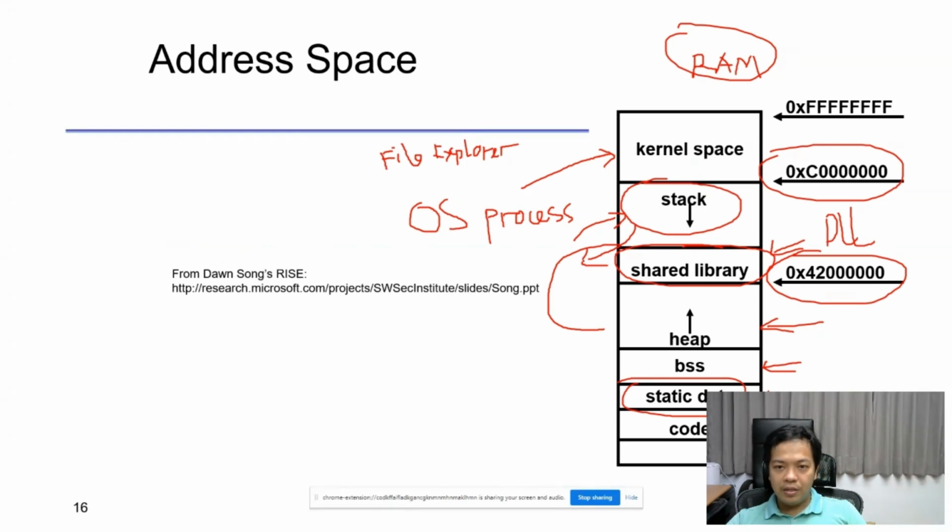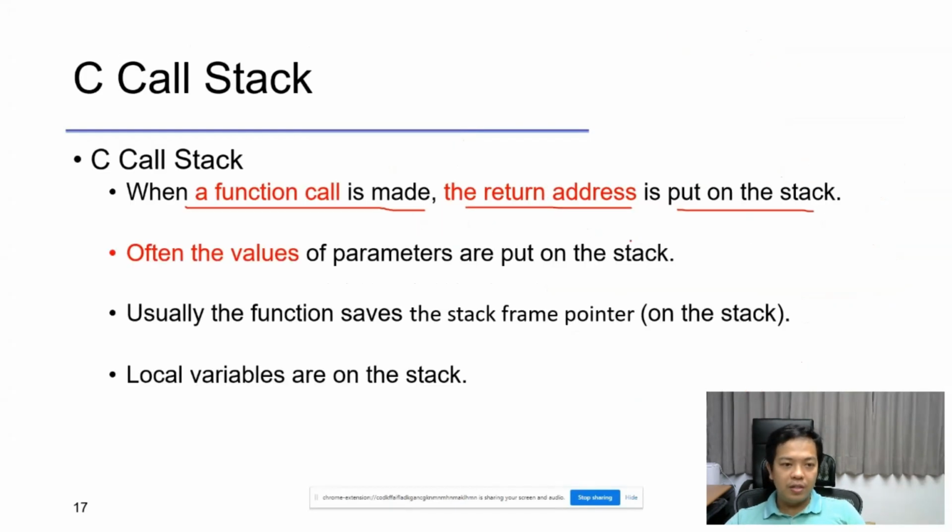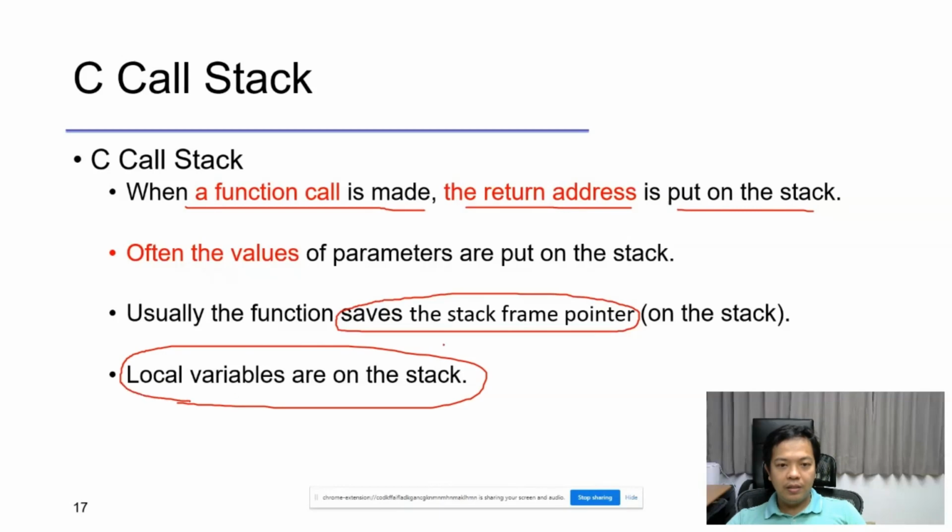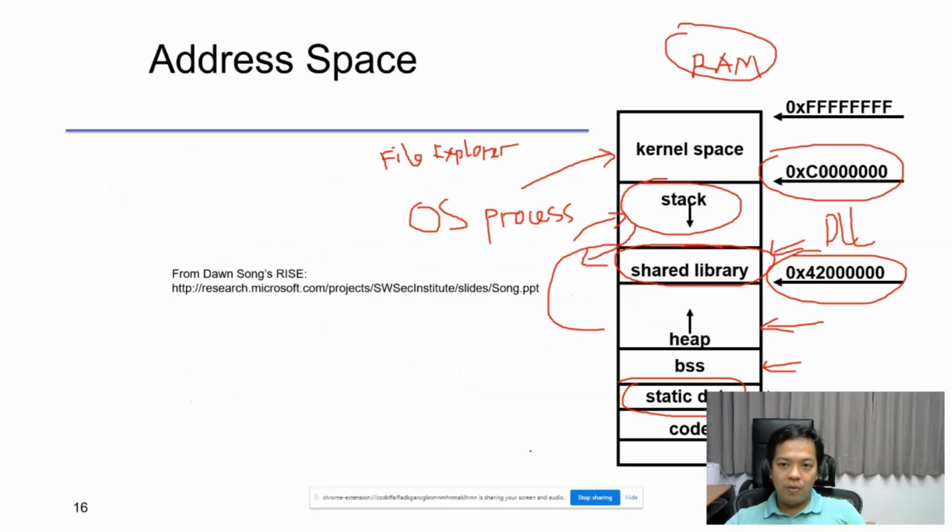Yeah, the return address is put here, and often the values of the parameters are put in the stack. The function saves the frame pointer in the stack. So everything about this call is stored in the stack.